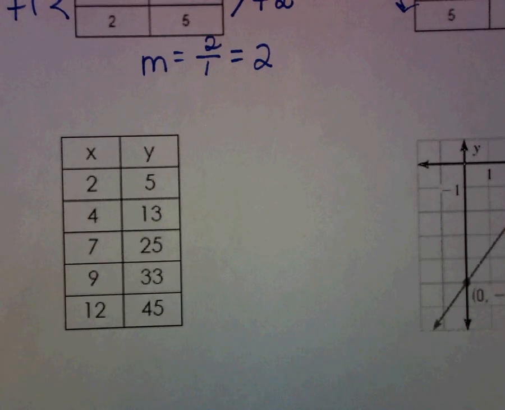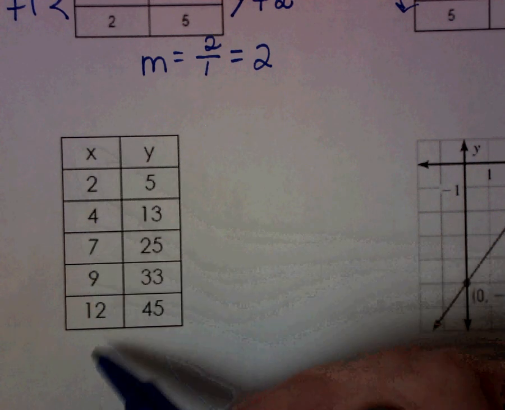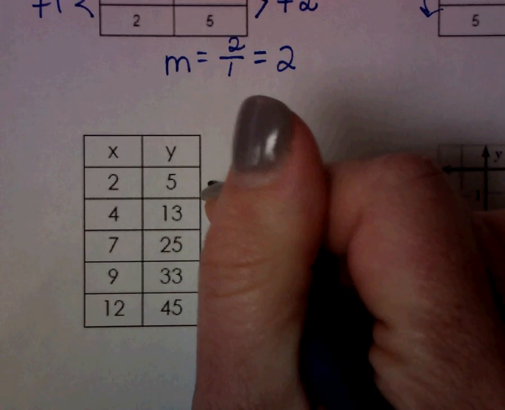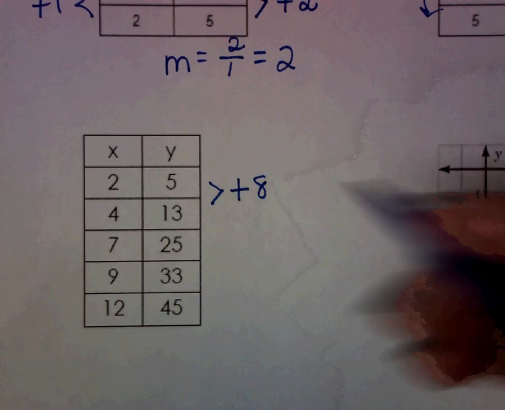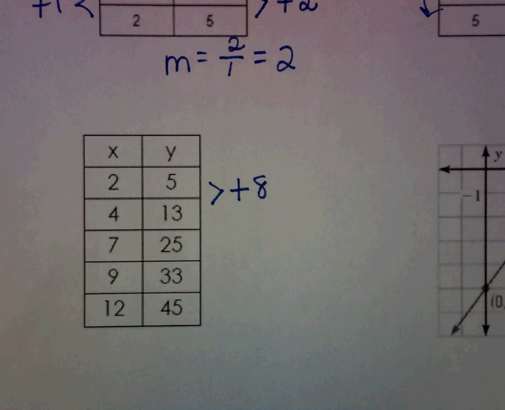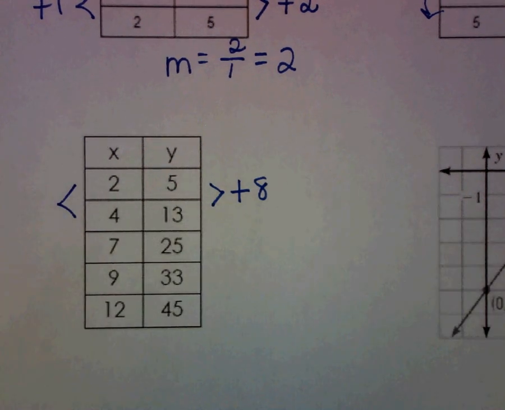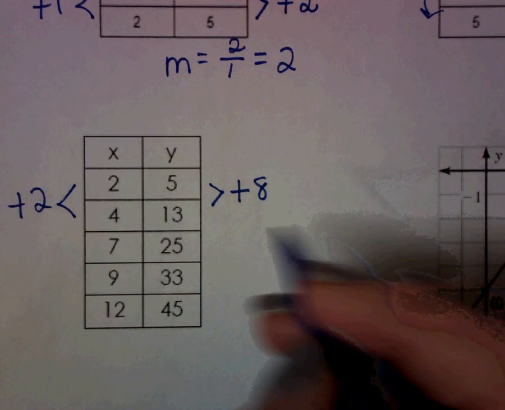Again, our y-intercept is not given. I want you to notice that the x values are all over the place. They're not in order. Not a big deal. We're still going to start by finding our slope. Okay, to get from 5 to 13, we add 8. Remember, you could pick any 2 points. Just make sure you're using the same point for your x and your y. 2 to 4, we're adding 2.